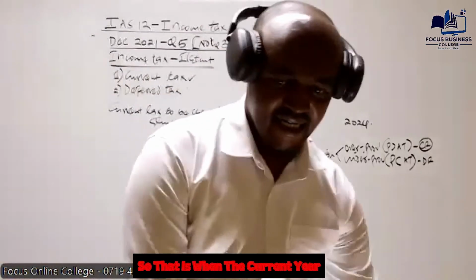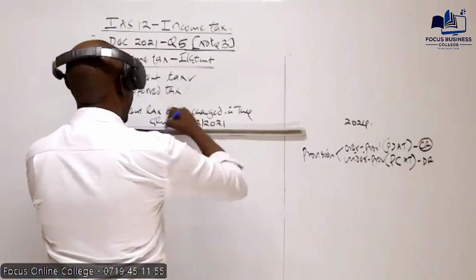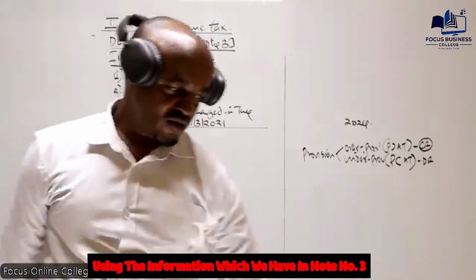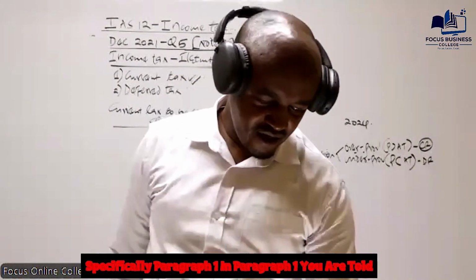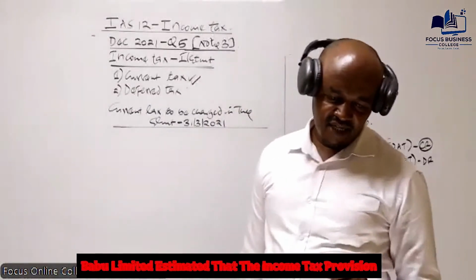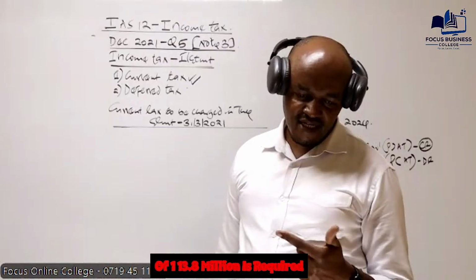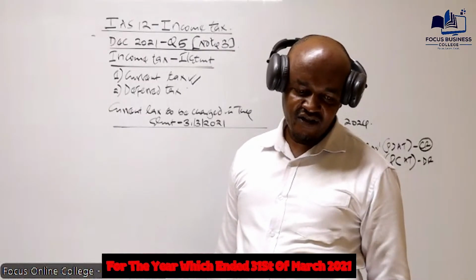So how do we compute this particular amount of current tax? We are going to compute that using the information which we have in note number 3, specifically paragraph 1. In paragraph 1, you're told Babu Limited estimated that the income tax provision of 113.8 million is required for the year which ended 31st of March 2021.